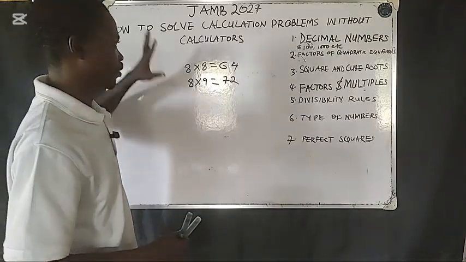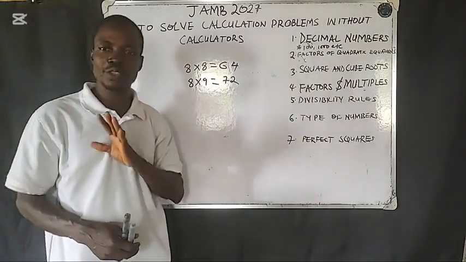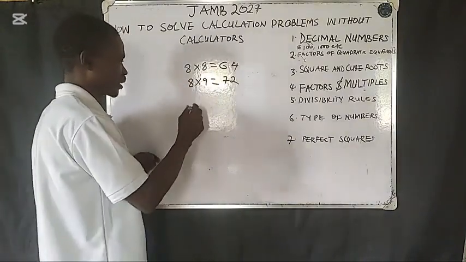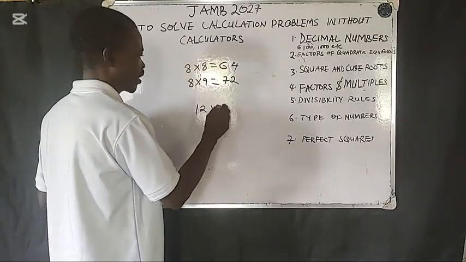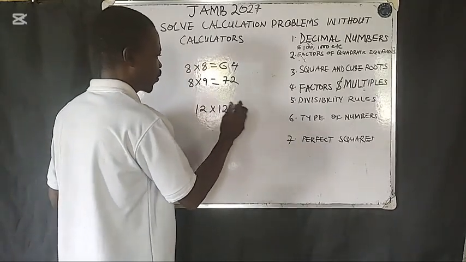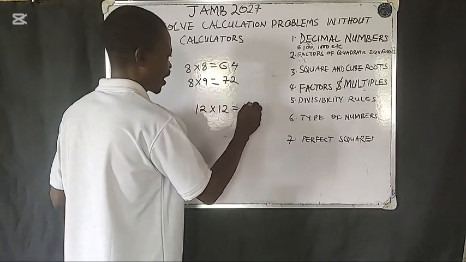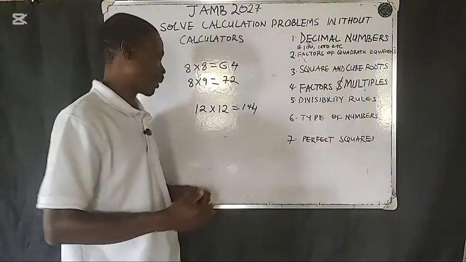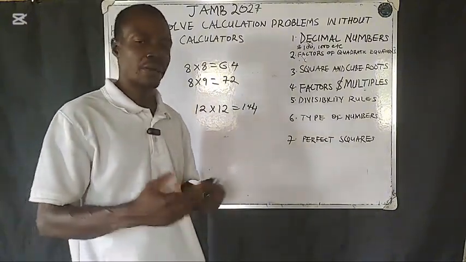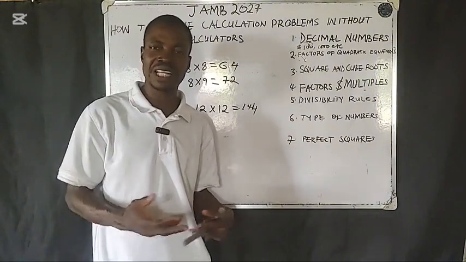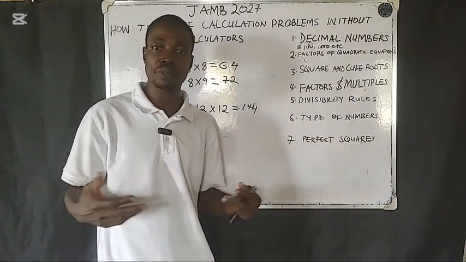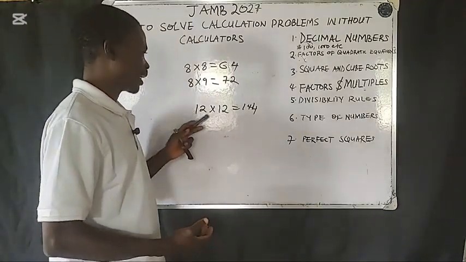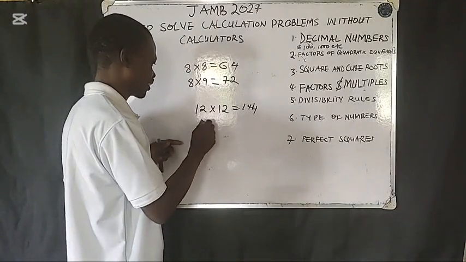This is the importance of knowing our perfect squares, right? For example, if I know that 12 times 12 is 144, and I'm doing an exam where a calculator is not allowed, or even though it's allowed, it will not allow me to be fast, right? So what do I do to get from 12 times 12 to 12 times 13?